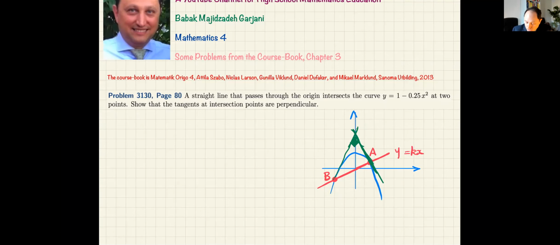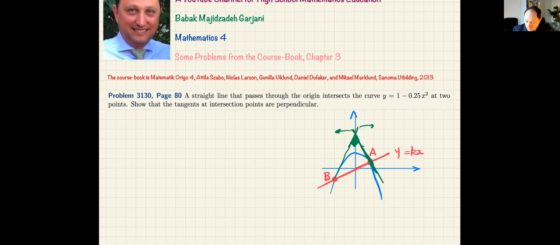So I need to find the k value for this one, find the k value for this one, and multiply the k values together. If the answer becomes -1, then I have shown that these are perpendicular. Yes? So my point is to find the k value of each one of these green lines. But how should I find the k value of these green lines?